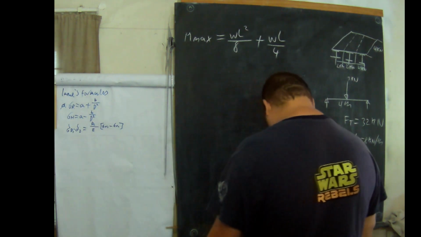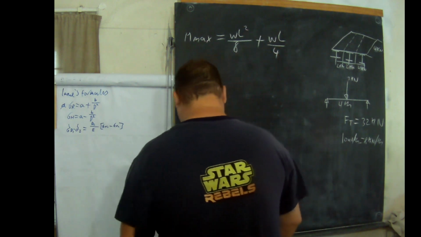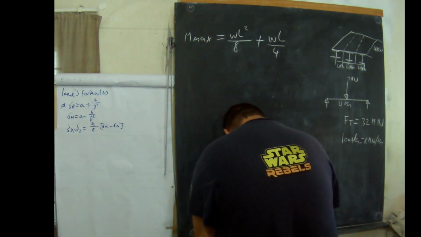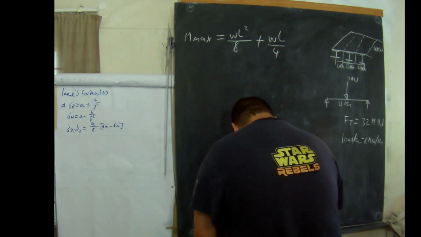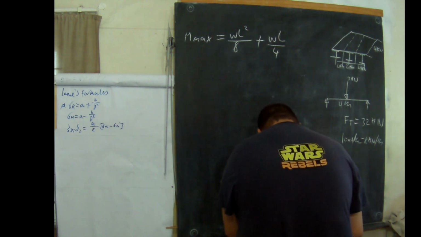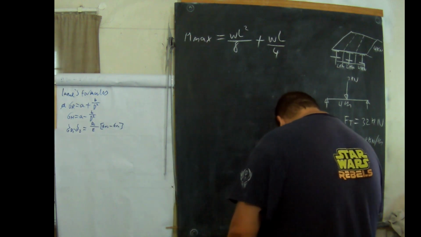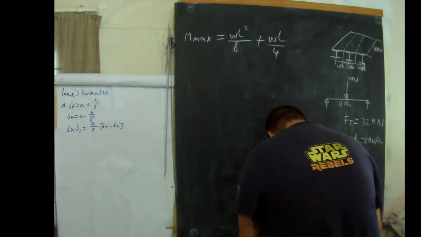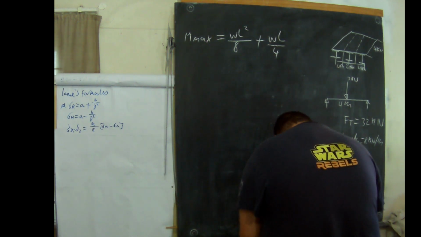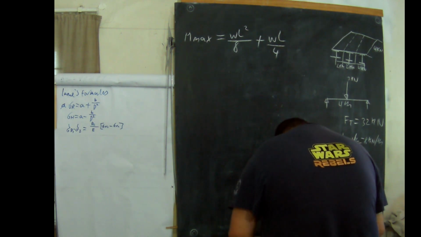Now, right, so we will need W. Now what we have to do is go through our tables. Let's go through our I-beam section table because these are all I-beams. 203 by 133. Our tables.